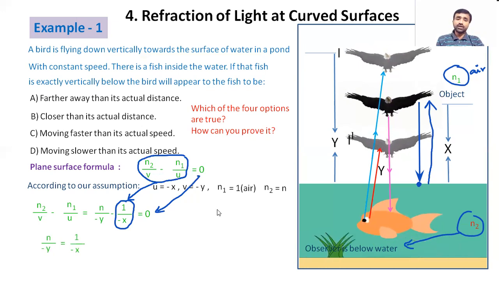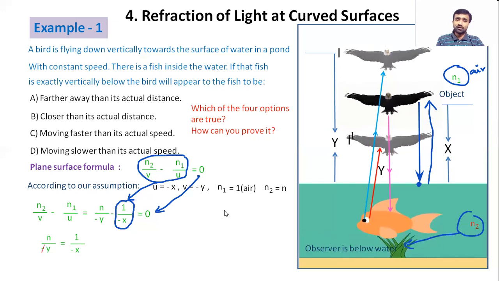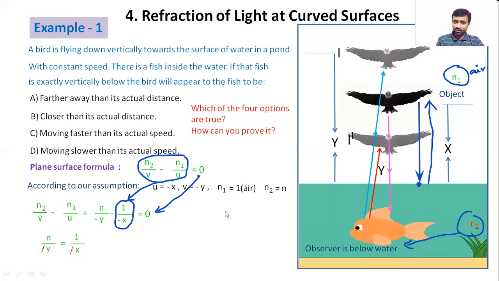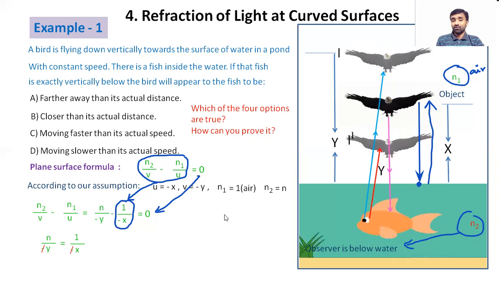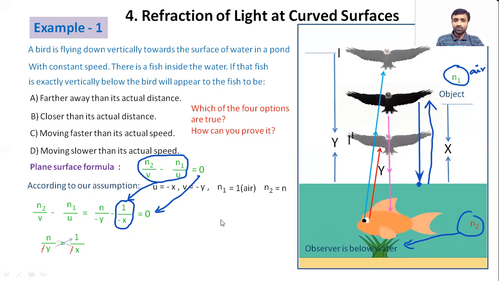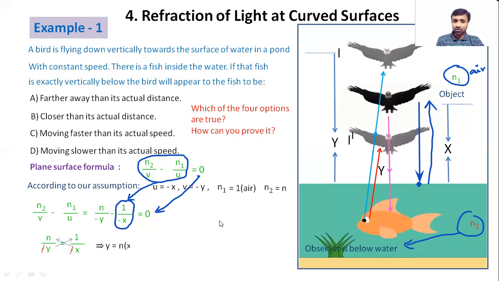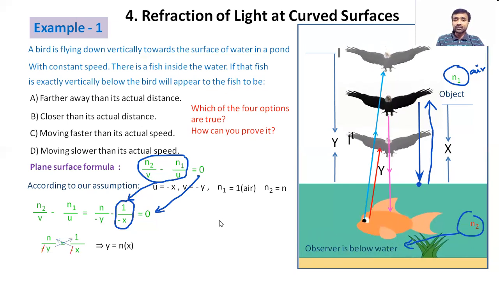On both sides the minus signs cancel. Then take the cross product, n into x and y into 1. So finally y is equal to n into x.